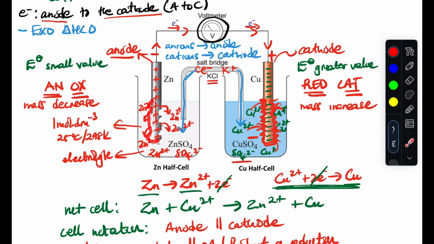If it decreases by 2 grams here, it doesn't mean it's going to increase by 2 grams there. But if we're given the amount that it decreases by there, it can help us calculate the amount that the cathode is going to increase by. So now what are we going to do?